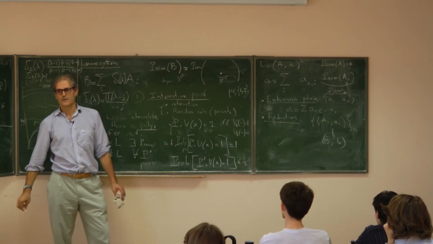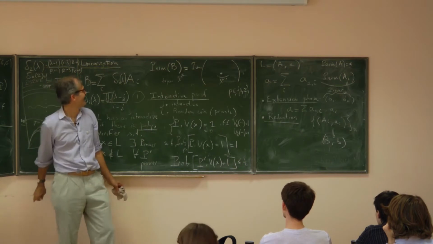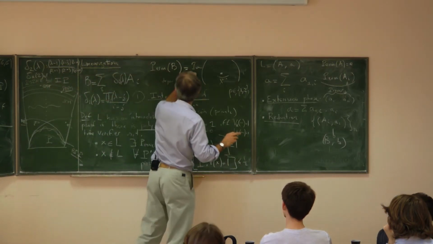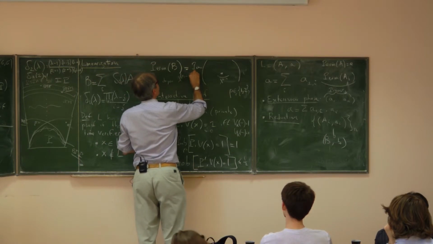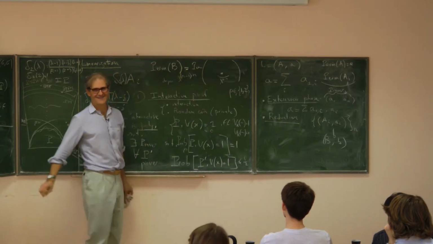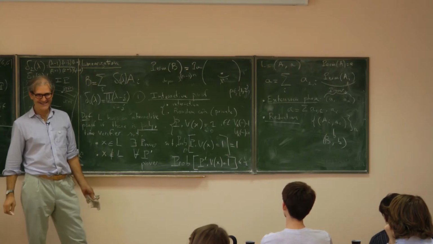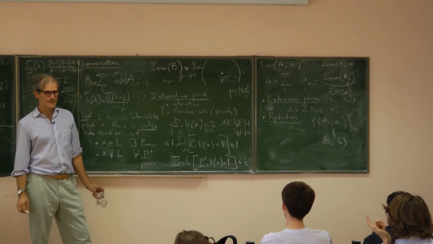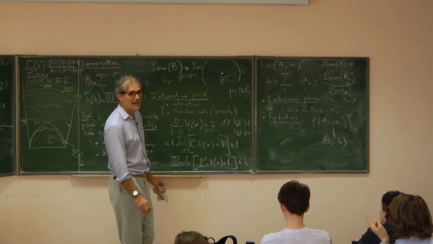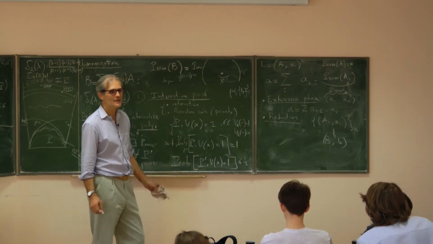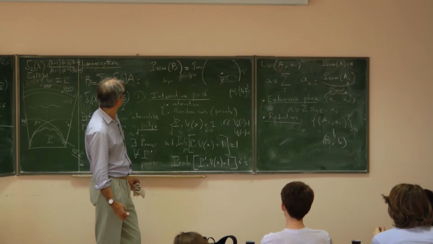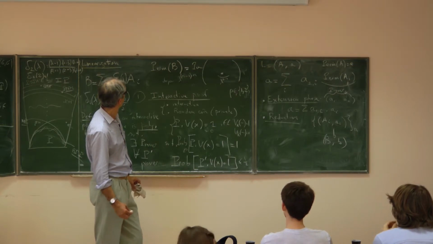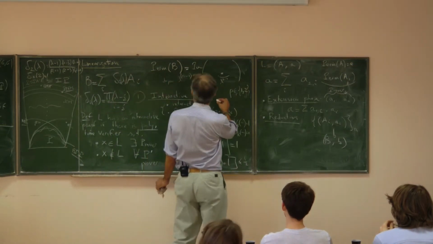N times n minus 1. Yes, more. Okay, all right? Minus 1 squared. A_i is of size n minus 1 by n minus 1. Am I right? Yes? So it's n minus 1 squared.